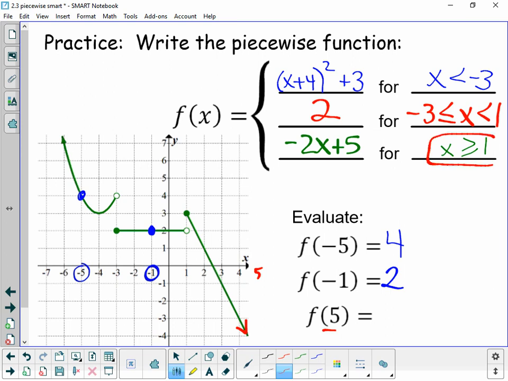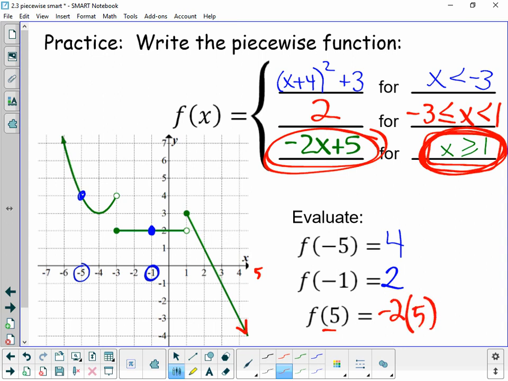But you could also look at the domain restriction here and see that 5 fits in this category of greater than 1. So that means we want to use this part of the equation, negative 2, plug in the 5, plus 5. Negative 2 times 5 is negative 10, and if we add 5 to that, we get negative 5. So f of 5 is negative 5.